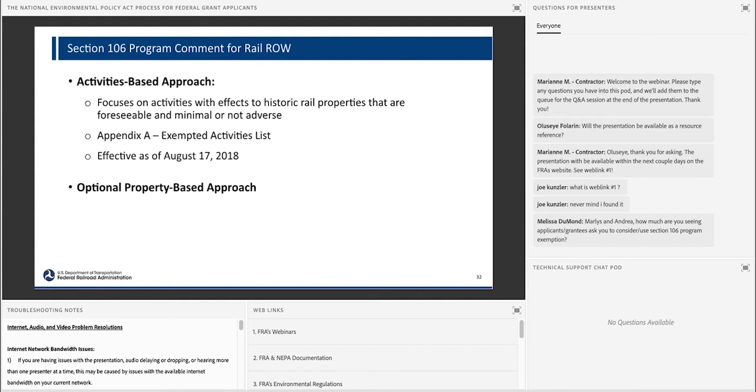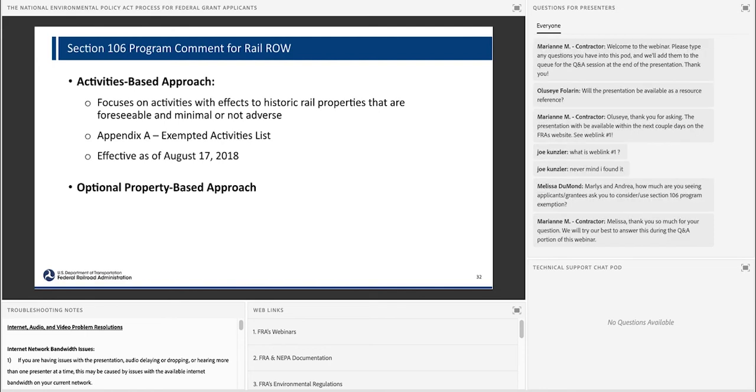We have two components to this program comment. I'm really only going to focus on one today, and that is the activities-based approach. We also have an optional property-based approach that really is not in wide use. So I'm going to focus on what would be most applicable to many folks within the webinar today, and that's our activities-based approach. We've established an exempted activities list, which I have on the next slide, and we have information in our resources slides on how to get more information.